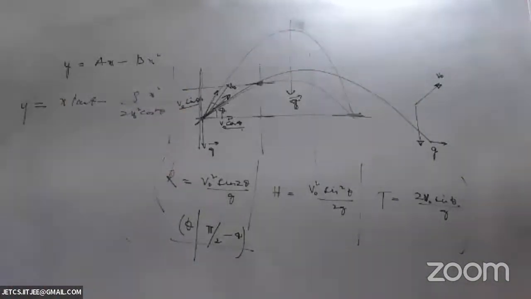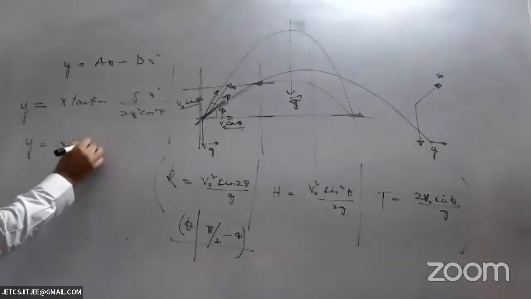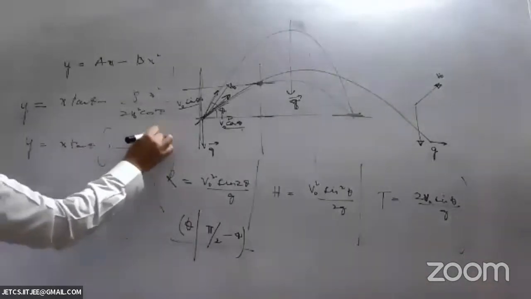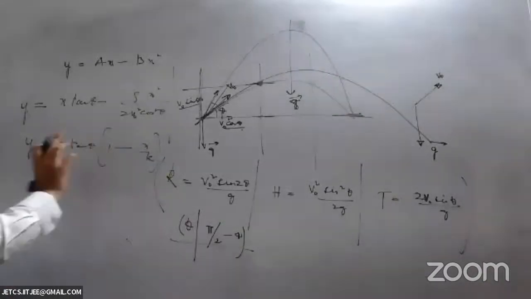That's the equation of trajectory. The equation of trajectory can also be written as x tan theta into 1 minus x by R. This is the alternate form of the equation of trajectory.